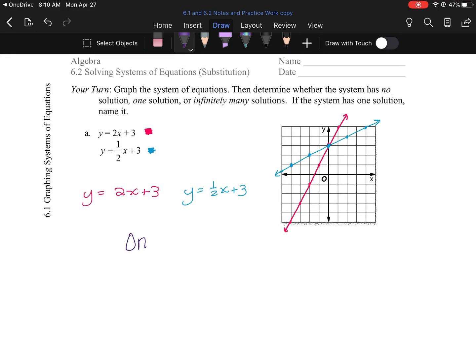So we're going to write one solution. And if you look at the directions, if the system has one solution, we need to name it.